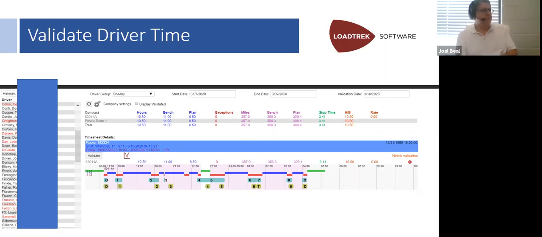So from a company manager's perspective, I can see that this was within reason. This was within my expectations. But from a fringe administration perspective, when this automated upload occurs to FCE, we know automatically with no interaction at all that for this day, this driver worked 10.5 hours for this contract.